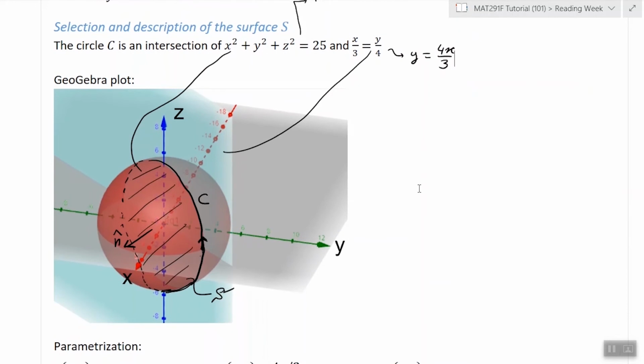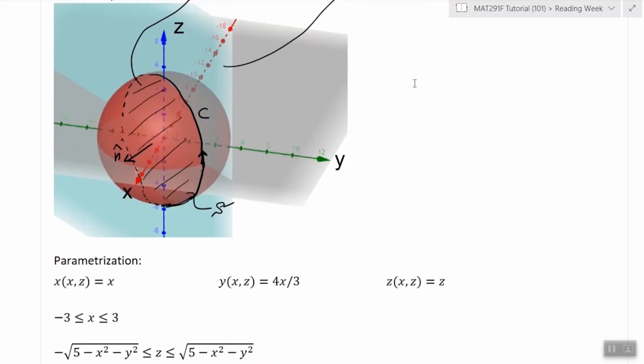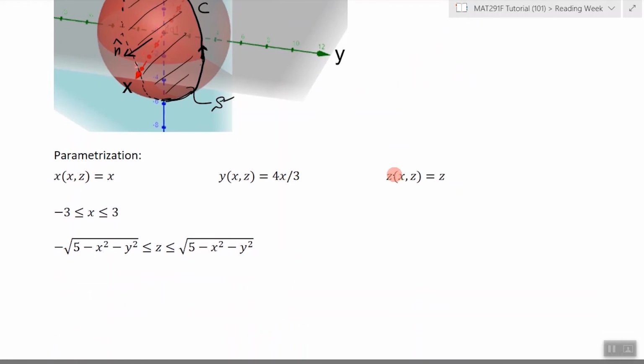I've mentioned this before, but I'll emphasize: this surface S is part of this plane. That's why I'm using this equation to describe y in terms of x. And then z is just equal to z. So now we have everything in terms of x and z.